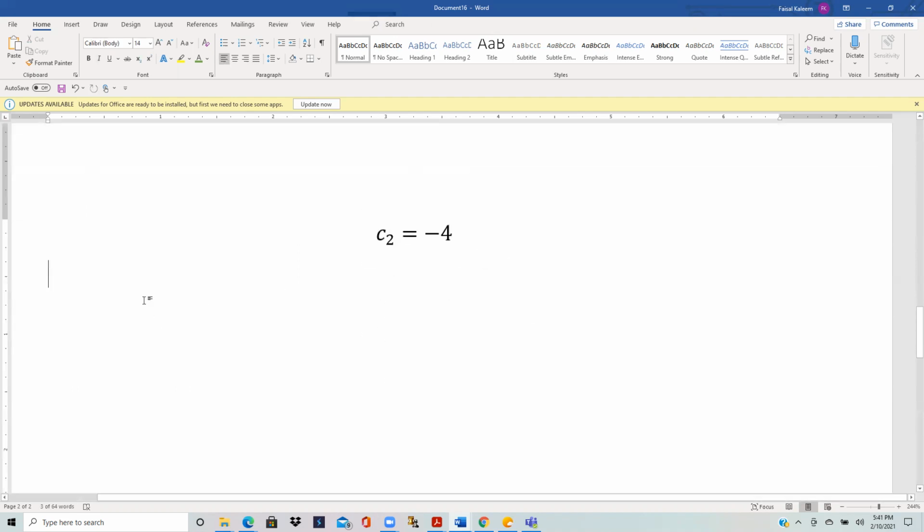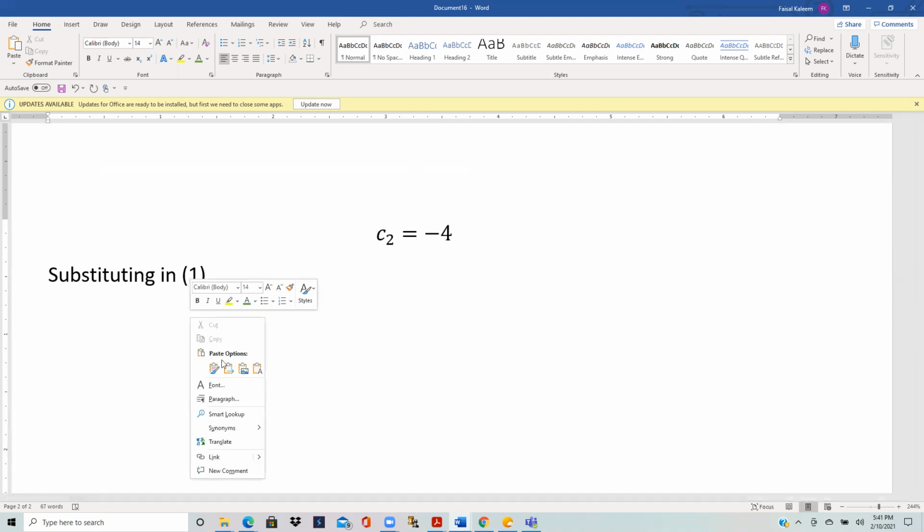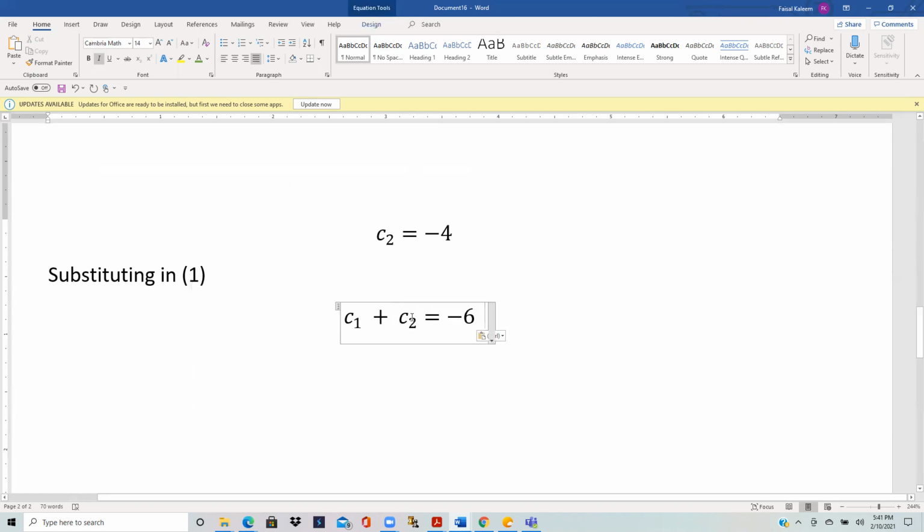Substituting in 1, with C2 equals negative 4, C1 comes out to be negative 2.